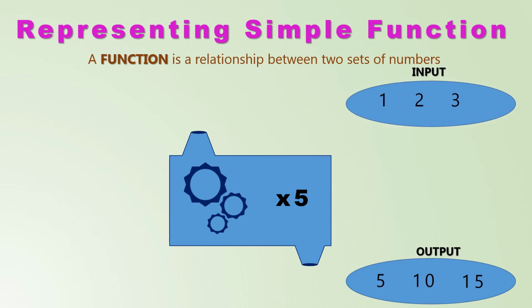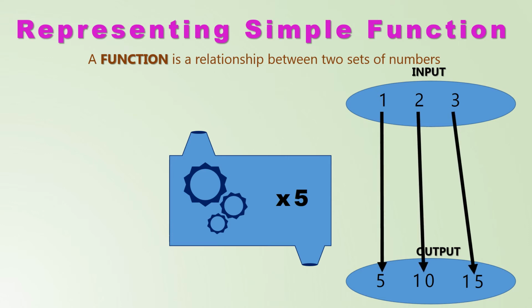In the input and output sets, each number of input is related to one of the numbers in the output set, and this is called mapping of numbers.